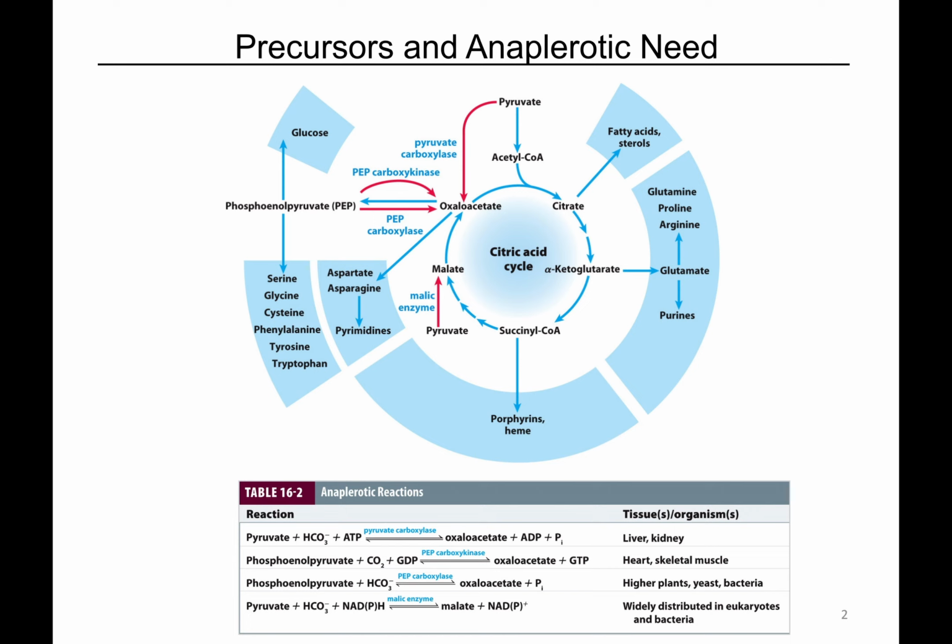One, as we've already seen in gluconeogenesis, we can convert pyruvate directly to oxaloacetate using pyruvate carboxylase. That's an anaplerotic mechanism that consumes an equivalent of ATP or GTP. So we consume some energy to carboxylate pyruvate to become oxaloacetate. That's a viable pathway to replenish the TCA cycle.